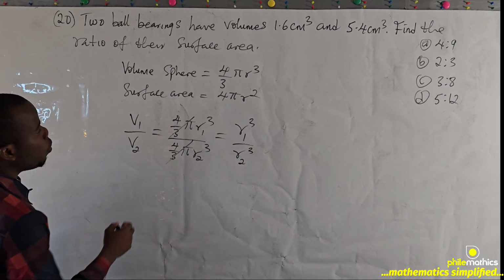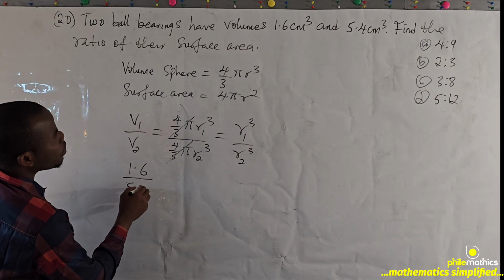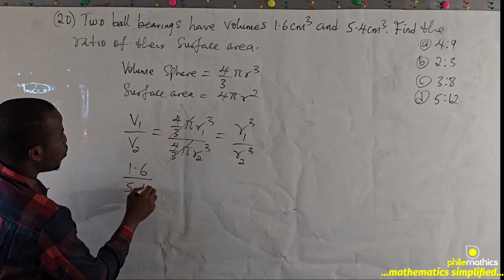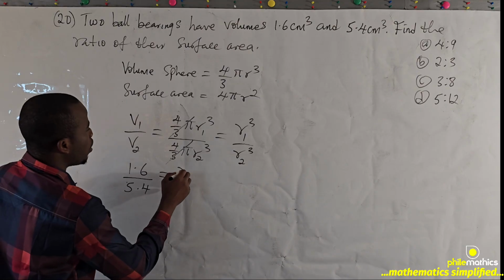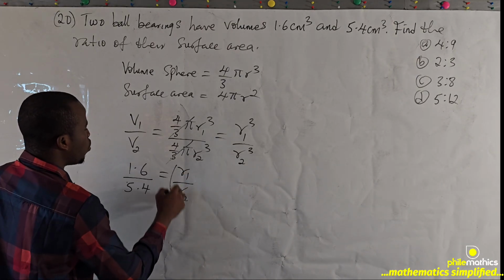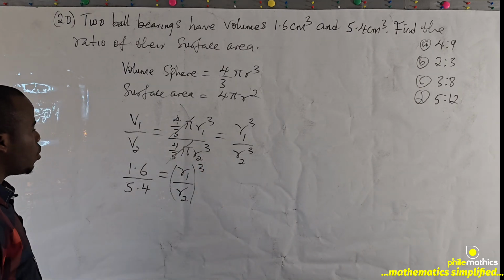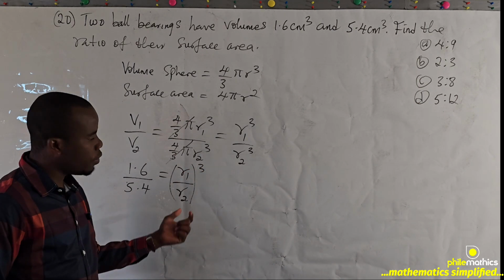And so volume 1 over volume 2, 1.6 over 5.4, is proportional to r1 over r2 all cubed. From laws of indices, we can factorize the cube out. So we want to find the ratio of their radii.